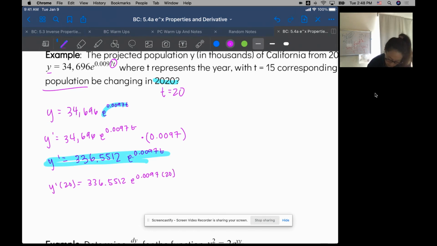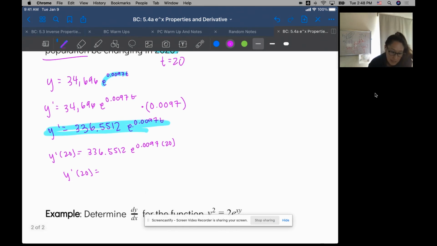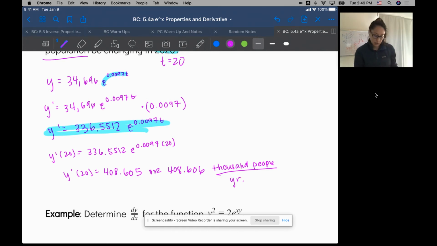And when I evaluate that, I got 408.605 truncated, or 408.606 rounded, and this is in thousands. This is thousands of people per year. All right. Fun times. Moving on.